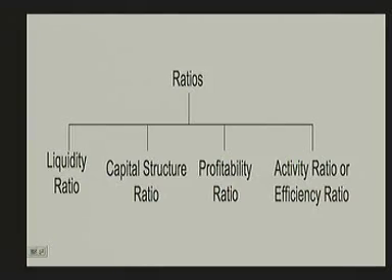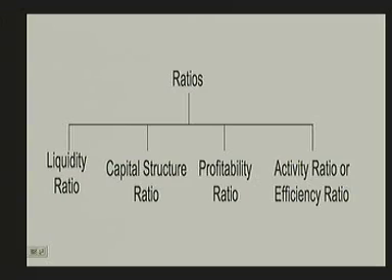I will read it out. The first one is called liquidity ratio. The second one is capital structure ratio. The third one is profitability ratio, and finally the last category of ratios are activity ratios, or they are also sometimes known as efficiency ratios.